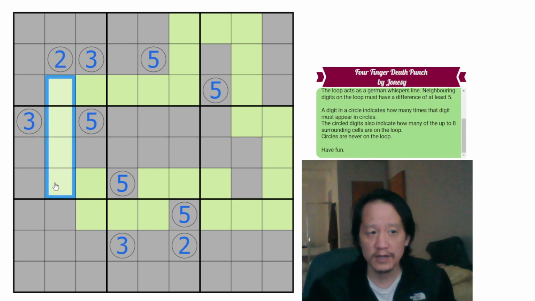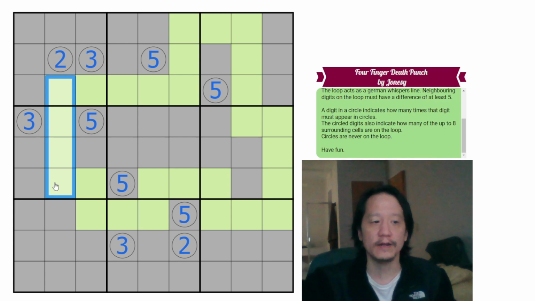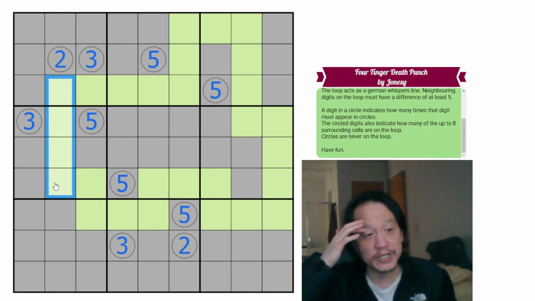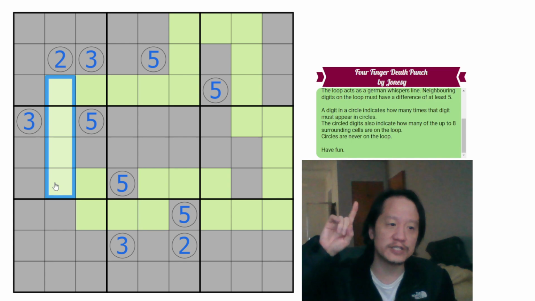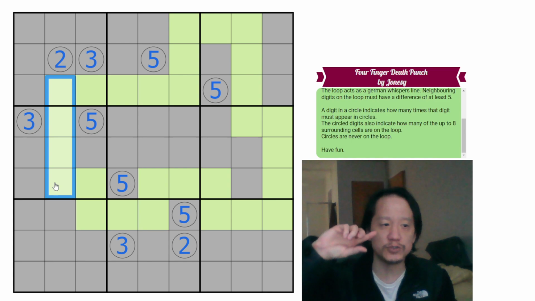Because 1 has to have neighboring digits that are at least 5 away, which is 6 through 9. And 9 has to have neighboring digits which are at least 5 away, which is 1 through 4. So it always alternates between low, which is 1, 2, 3, 4, and then high, which is 6, 7, 8, 9. So on this loop, we know it alternates between low and high.